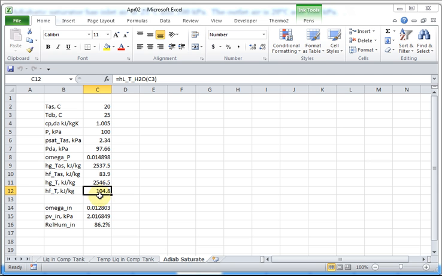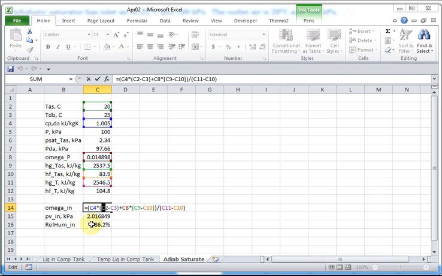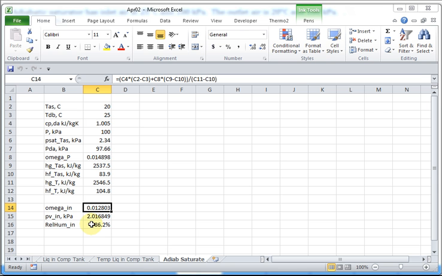I don't know why I computed it. It's just garbage. But right there's the equation implemented to calculate the omega coming in, knowing all of those. This equation we've shown. And so the humidity ratio coming in, 0.0128.